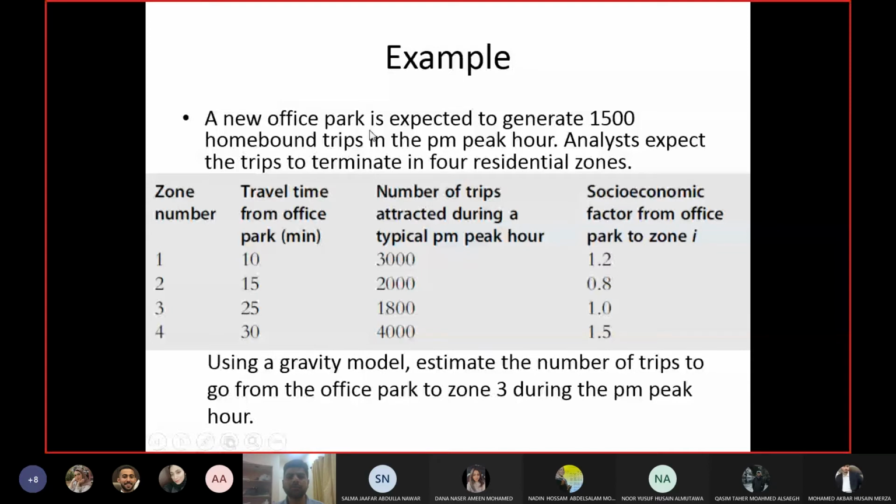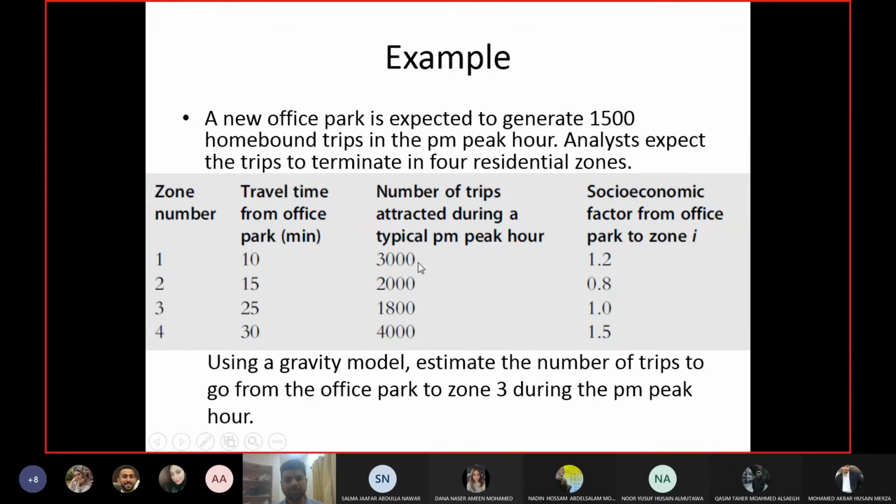From this office park, the trips are expected to go into 4 zones, and the travel time from the office park to each zone is given. Then the number of trips attracted to the office park are the trips coming towards the office park from these zones.